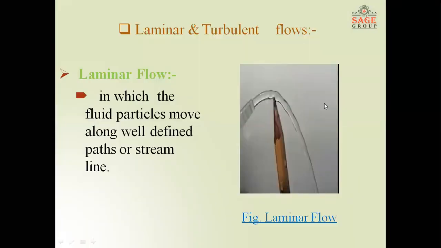In laminar flow and turbulent flow, in laminar flow the fluid particles move along a well-defined path or streamline. You can see the fluid particles move along a well-defined path; this is known as laminar flow.